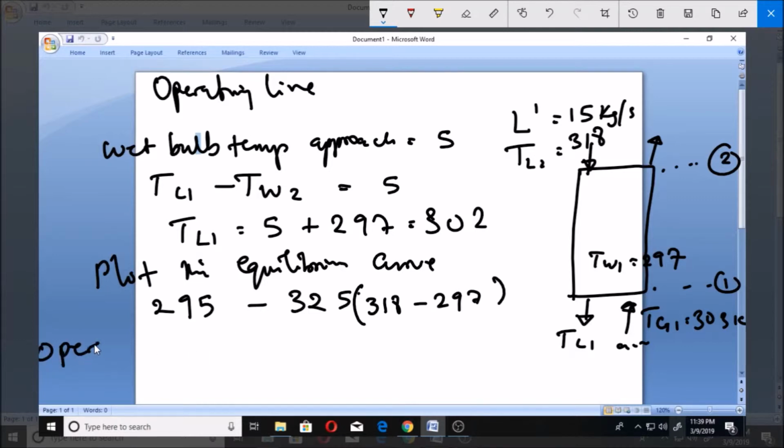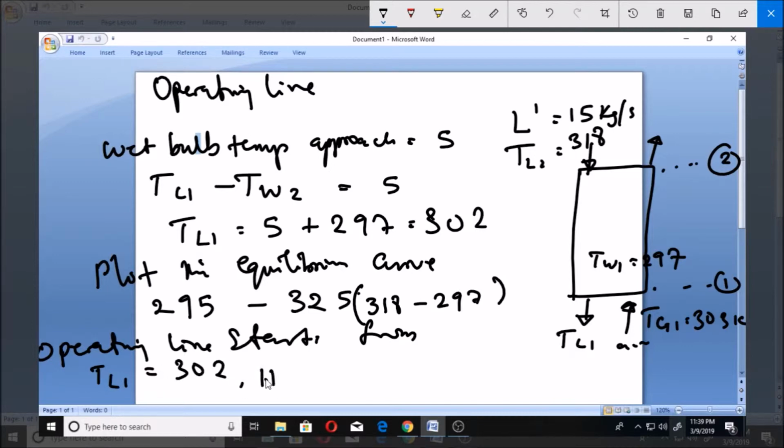Also, for us to know where the operating line starts, it's going to start from TL1 equal to 302 and H at the wet bulb, which from our calculation is 72.5.